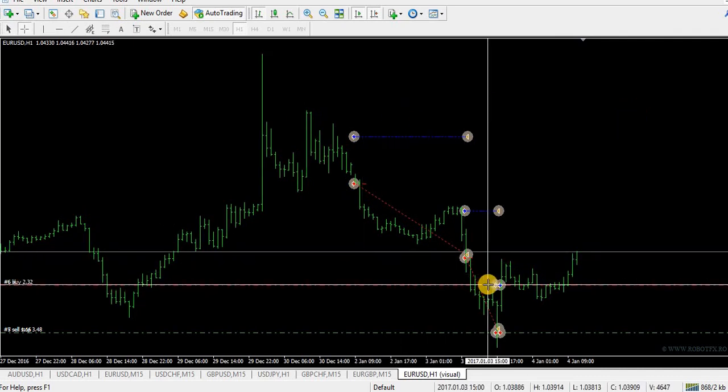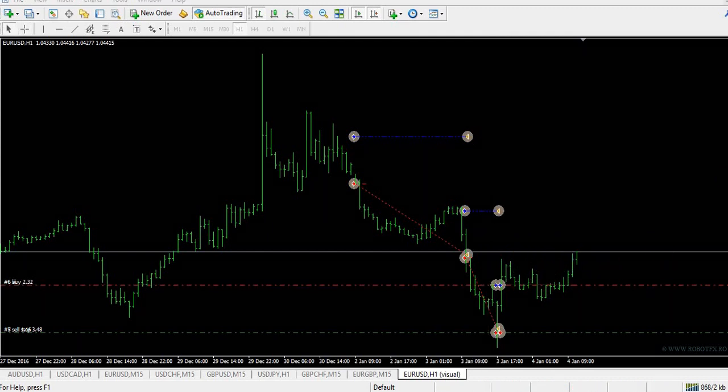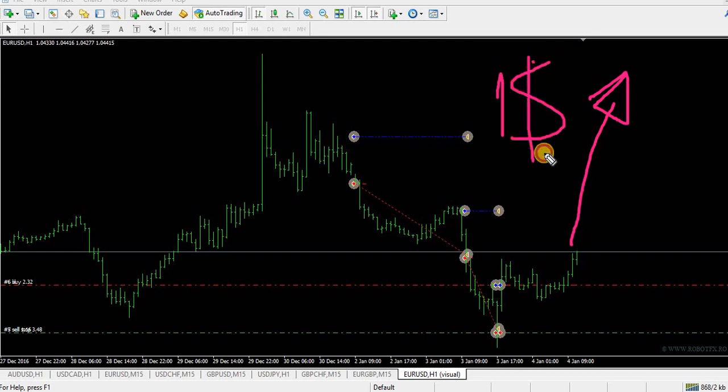Alright, the expert advisor plays the same break even. And now from this point, again, we have two options. Either the price will go up and we will reach minimum profit at some point. I think it's $1 with our settings.